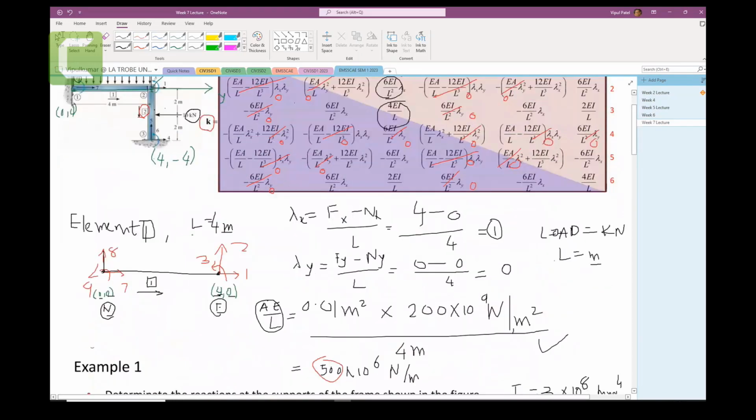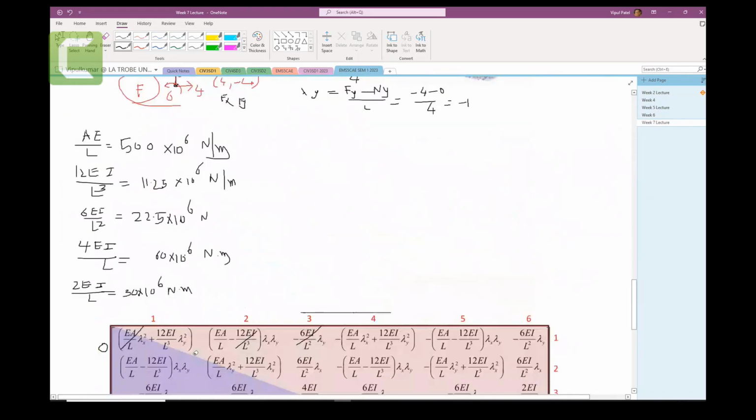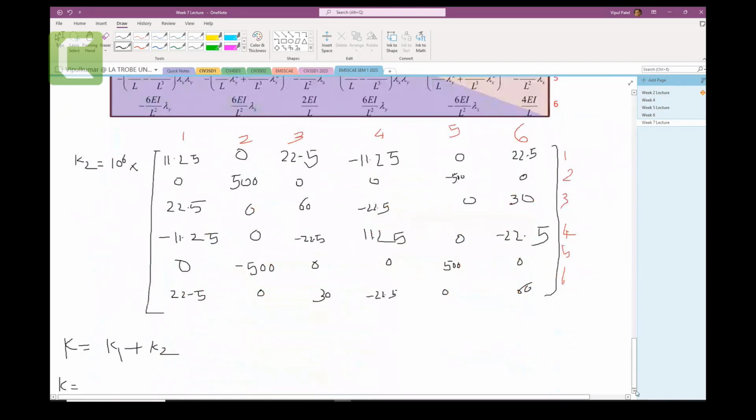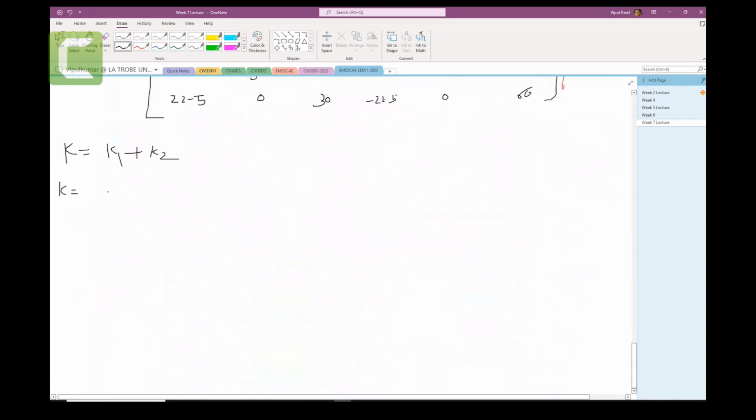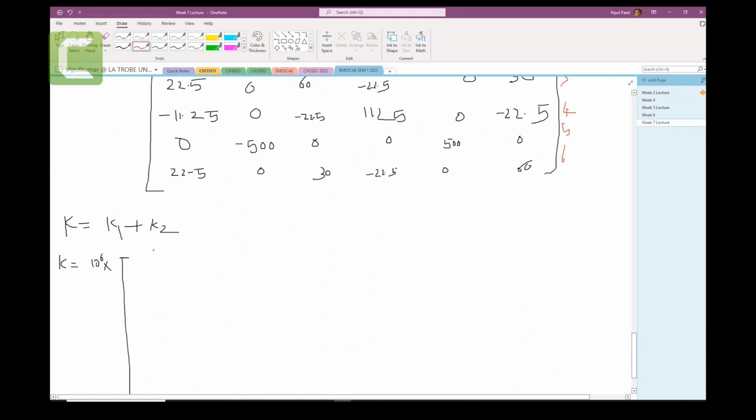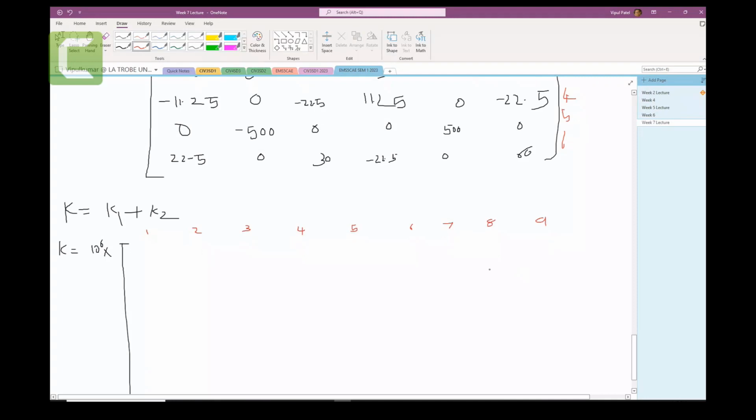So we will get a 9 by 9 matrix. So 10 to the power 6, first we can put it outside. Let's put the numbers later: 1, 2, 3, 4, 5, 6, 7, 8, and 9.